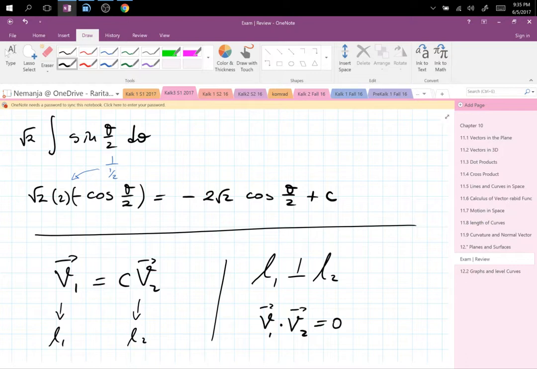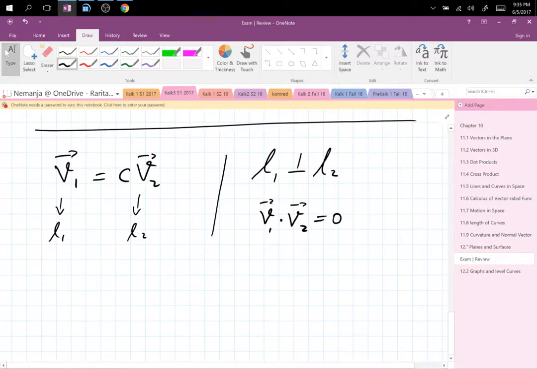It's the game of slopes. For two parallel lines, the slopes are the same in algebra. And for two perpendicular lines, they are negative reciprocals. So now you have, again, this 3D concept of a slope, which is the vector v.